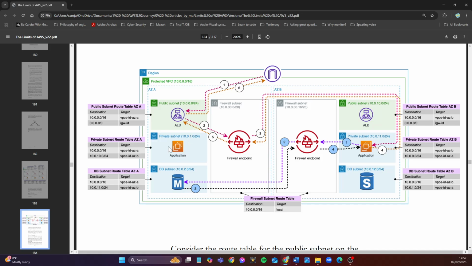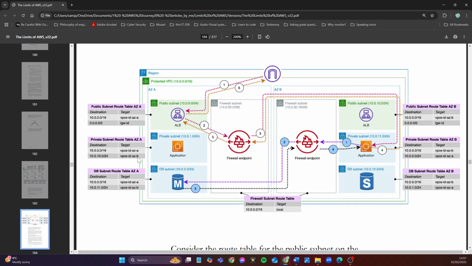If we look at this private subnet, which has the application inside it, we've got the CIDR of the VPC with a target as the VPC endpoint ID for availability zone A. But then we've got 10.0.10.0/24, and this is more specific than the VPC itself.